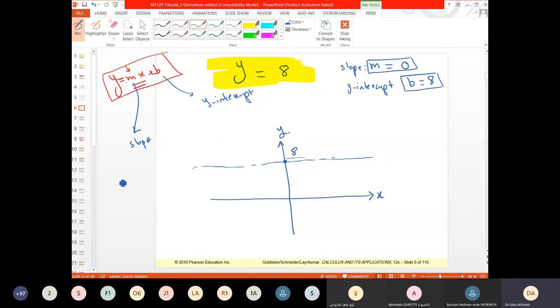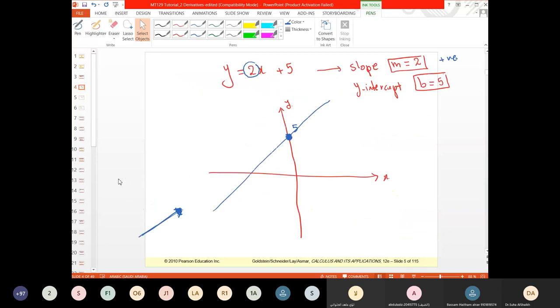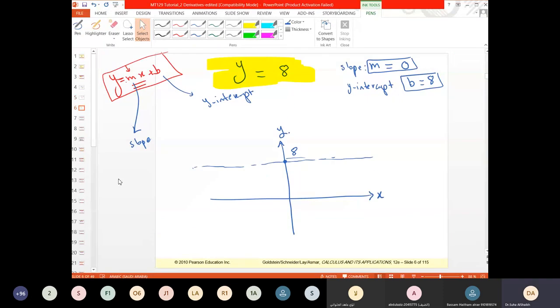Positive means up, negative means down, zero means it's a horizontal line. I give you 3 examples. This line is going down, a negative slope. Here a growing line, a positive slope. And here we have a zero slope, which means it's a horizontal line.